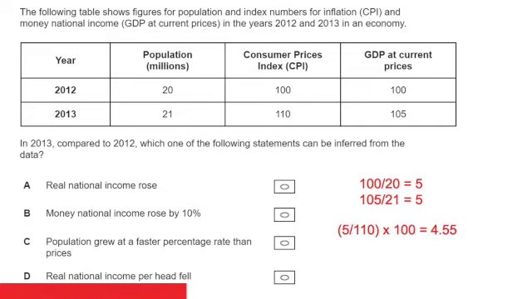So what we do is get our 5 divided by 110, which is the price in 2013, and we times it by the price in 2012, which is 100, and that gets us 4.55. Now we know in 2012 at the current prices it was 5. So that means the real GDP per capita has fallen in 2013 to 4.55. Now, if the real GDP per capita has fallen, then that suggests that the real national income per head has fallen. So therefore, the answer is going to be D.